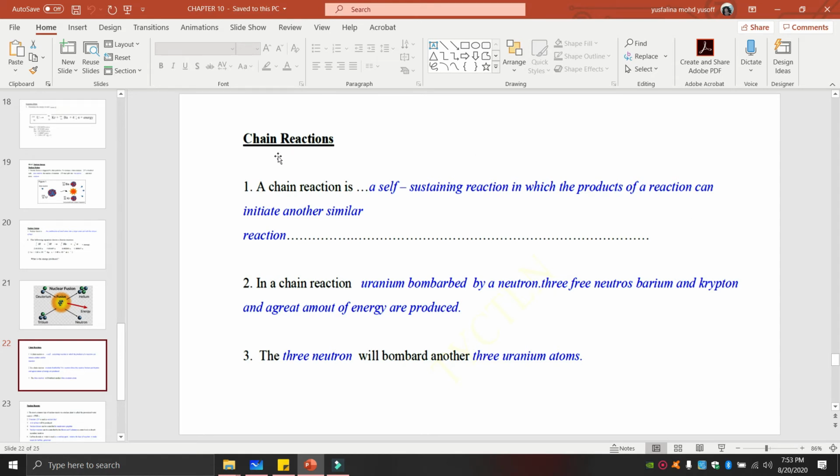And actually for the nuclear reaction, you cannot stop it, you can just control it, because it will happen continuously until it finishes. So the only way you can do is to control the amount of reaction.